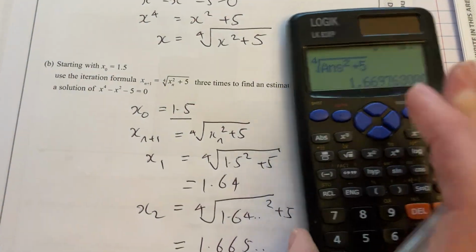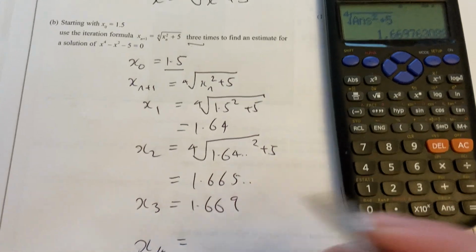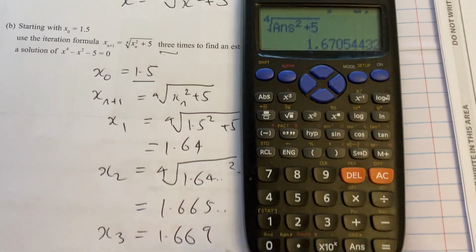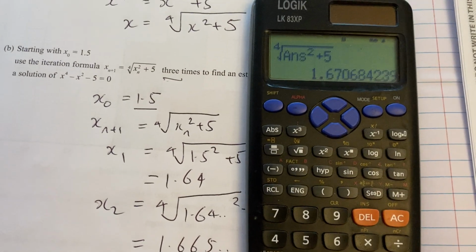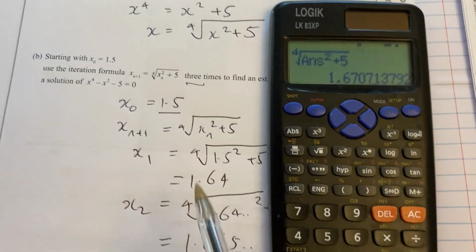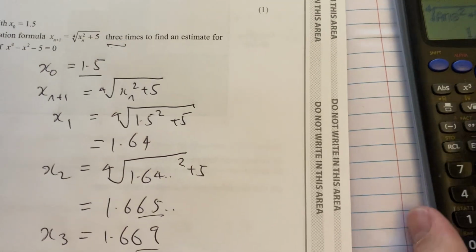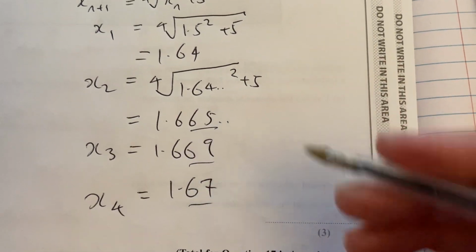It tells us to keep going 3 times. I've done it 1, 2, 3. Let's do it a fourth. 1.67. But we can see it's converging anyway. If I kept going, my answer would remain 1.67. So if I want to get it to a certain decimal place, the fact that it's converging, it won't matter how many times I've done it, as long as you can see the pattern.